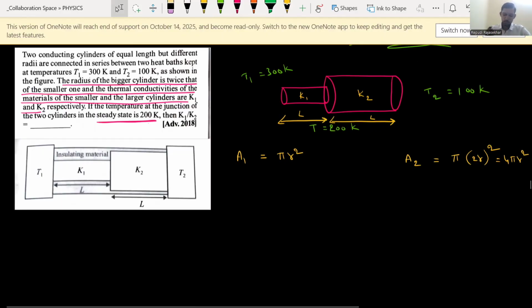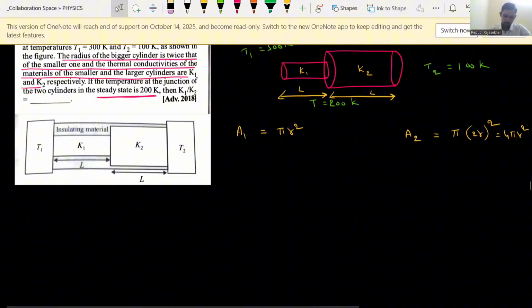Now this is a series combination. If you compare with the resistors in series combination, what happens? How much current flows in the first resistor, same current flows in the second resistor also. Similarly here, these two rods are connected end-to-end, that means series only. How much heat flows in the first rod, same amount of heat has to enter in the second rod also. So this is series combination.